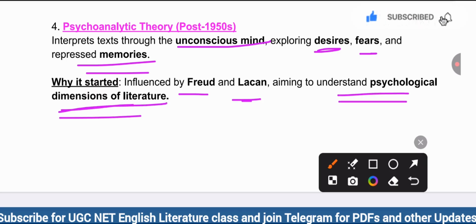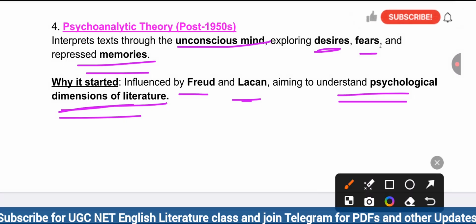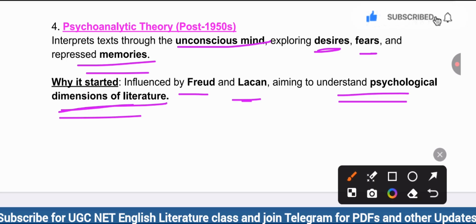For example, the character's mind, what is going on in Hamlet's 'to be or not to be,' what situation we have seen. Similarly in Jane Eyre, we have Bertha Mason, and what is the condition of her mentality. So here we will analyze those using psychoanalytic theory. Okay.